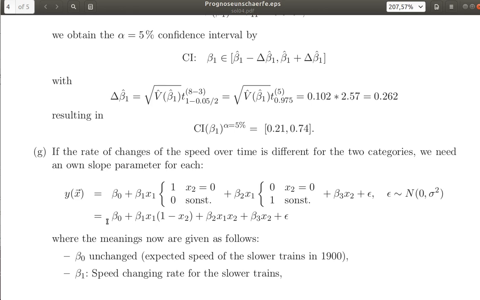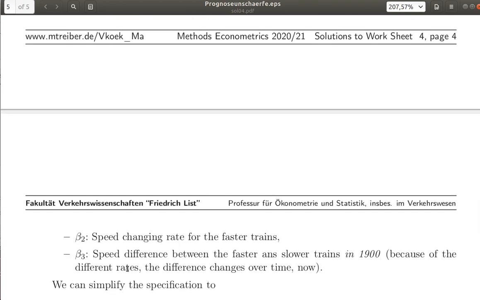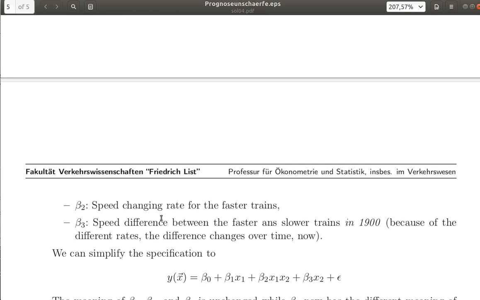So this is the same: beta 0 is unchanged, beta 1 is the changing rate of the slower speed, beta 2 of the fast speed, and beta 3 is the difference between the faster and slower trains in speed in 1900, because if the rates are divergent, the speed difference can also become larger or smaller.